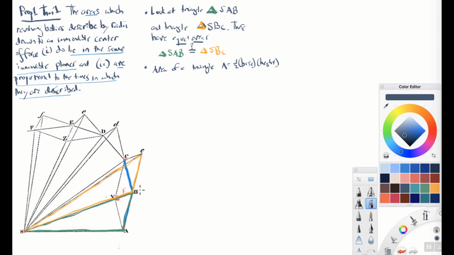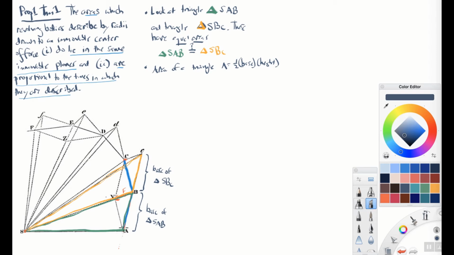Well, it's not obvious that they have the same base and height until maybe we can look at it this way. Think about triangle SAB. This right here is the base of triangle SAB. And think about this right here as the base of triangle SB little c, right?